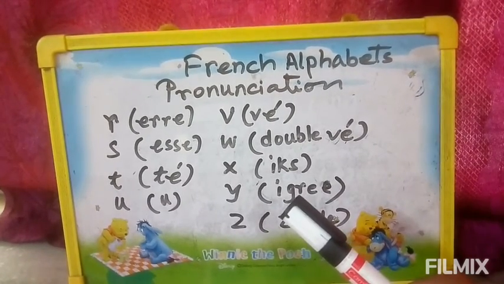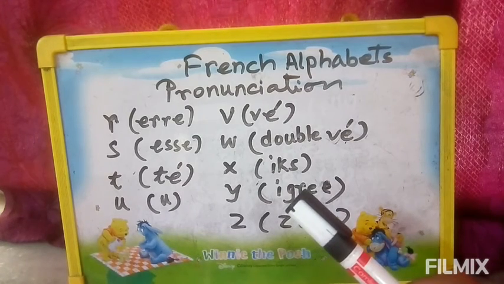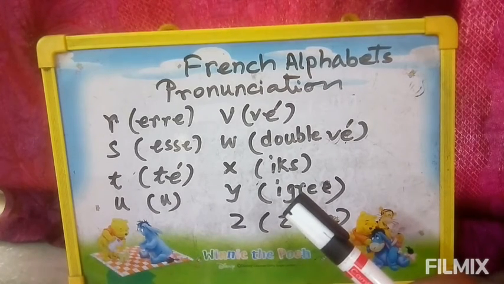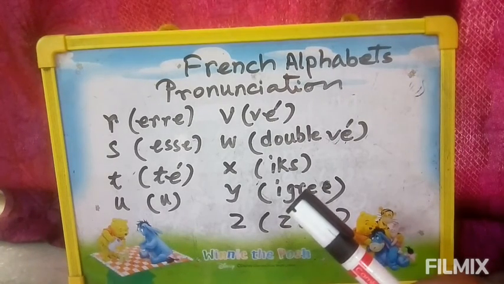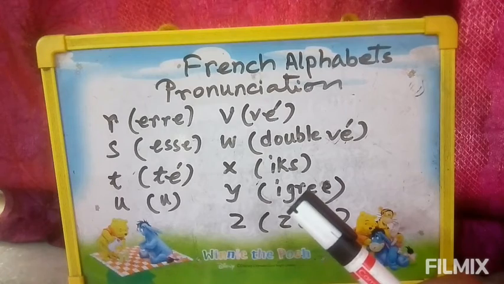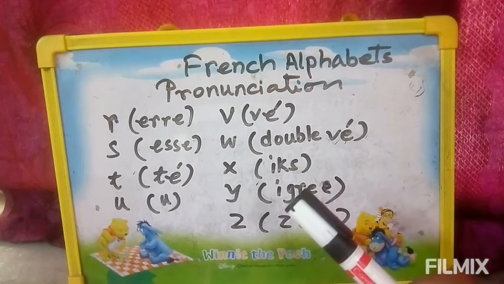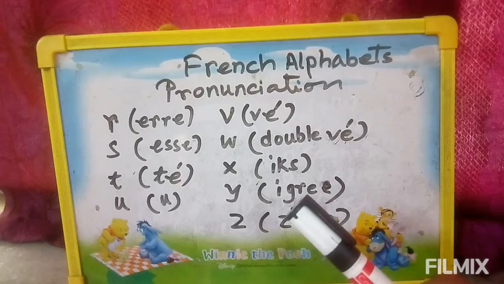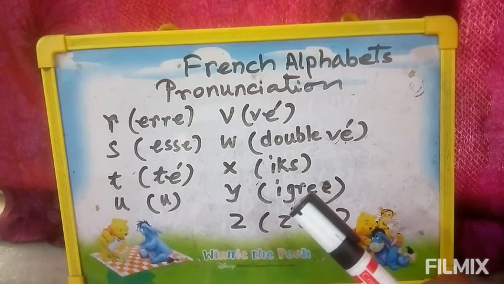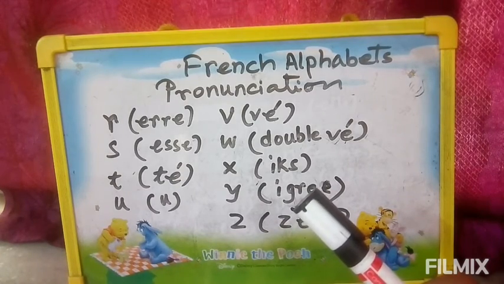First, you practice the general pronunciation of the French alphabet from the very beginning, A to Z. I think from this lesson you will have a very good idea regarding the French pronunciation of the alphabet A to Z.